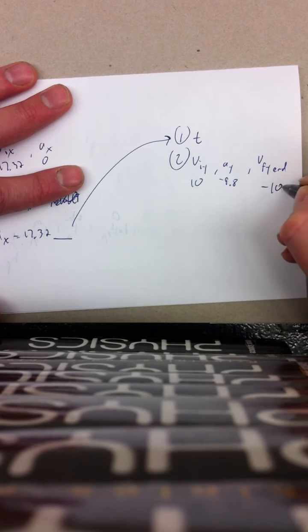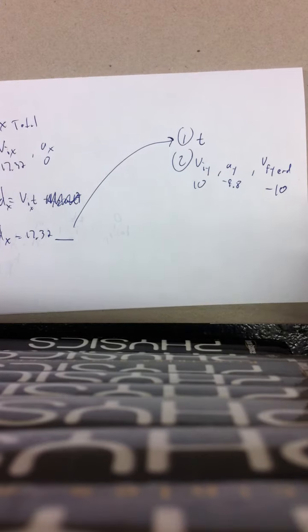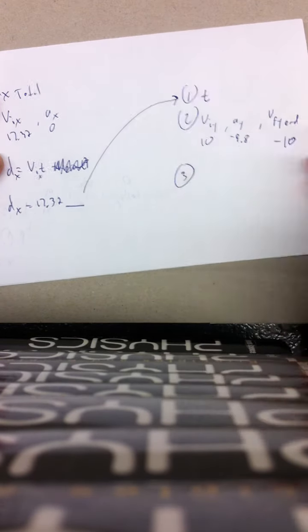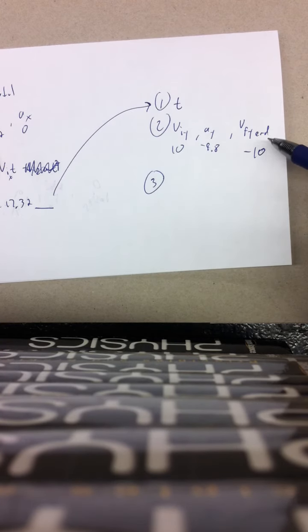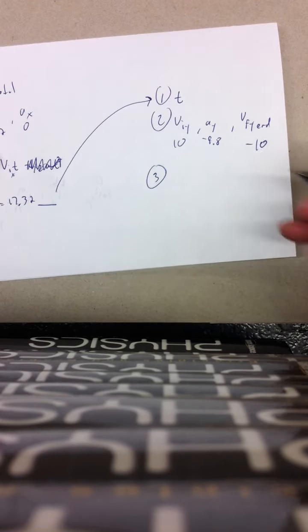So when the arrow comes back down, it's going to have a negative velocity. And step 3, that's slightly different than what we did to solve for the maximum height, because for the maximum height, the final velocity at the top was equal to 0, so that's slightly different. So just make sure that you're aware of that.